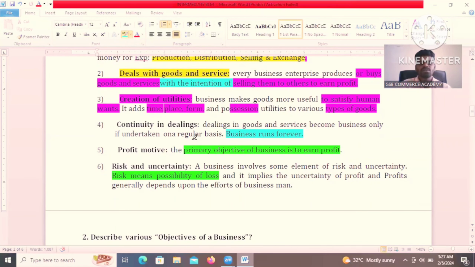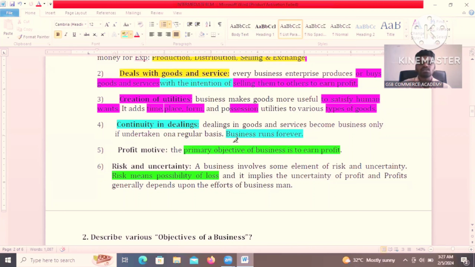And the fourth characteristic of business is continuity in dealings. Business is long-term in nature, its transactions are long-term, and it runs forever. Business manufactures goods and services and buys and sells them. It uses better quality raw material and produces high quality products for human beings, with minimization of cost and for earning more profits.